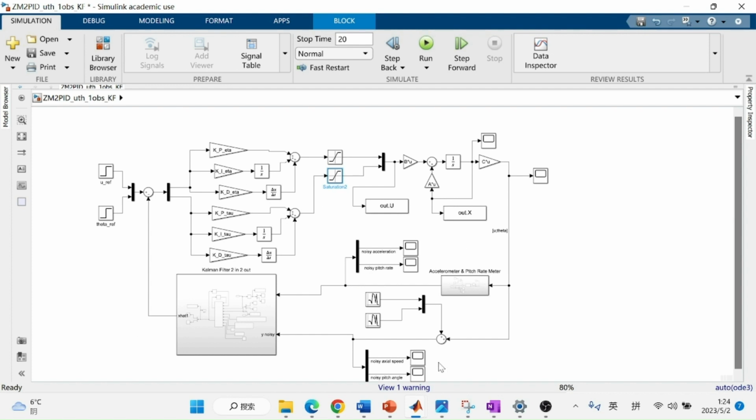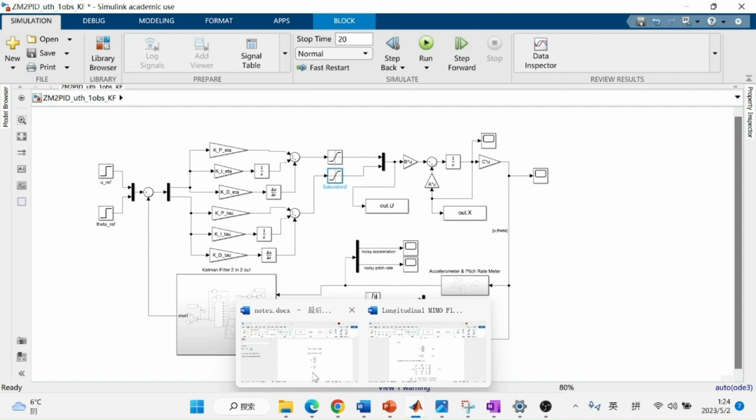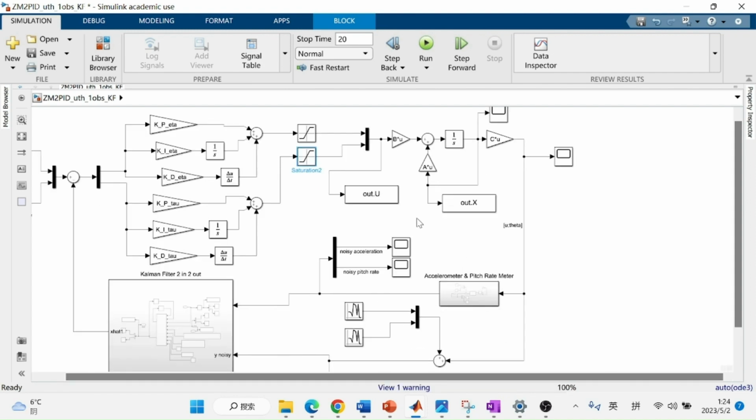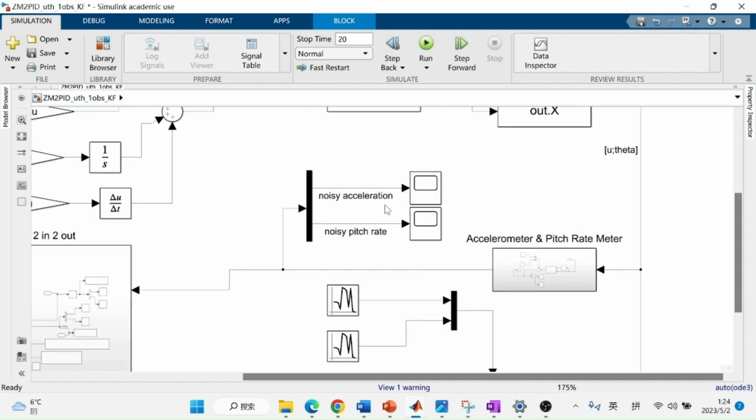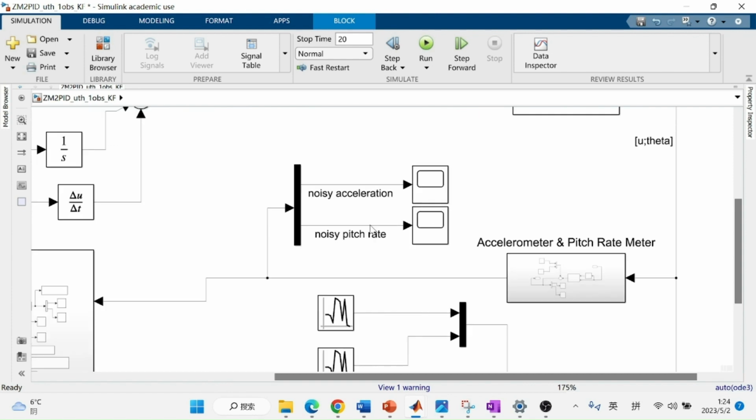And we are going to simulate the sensor measurements of the aircraft. So this part is our simulated sensors. We have four sensors to be simulated, including the acceleration sensor, the pitch rate sensor, the axial speed sensor, and the pitch angle sensor. The acceleration, in reality, is an accelerometer in the aircraft, and the pitch rate sensor is usually a gyroscope. Both will have noise.